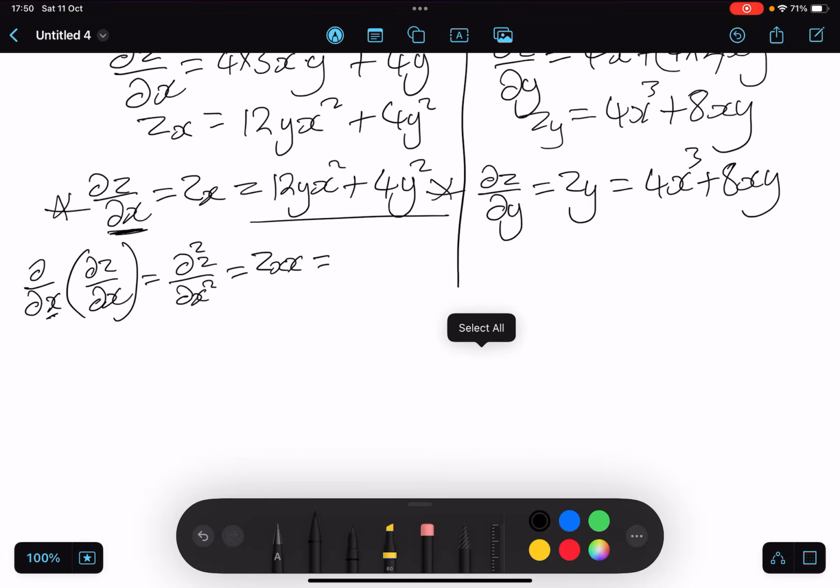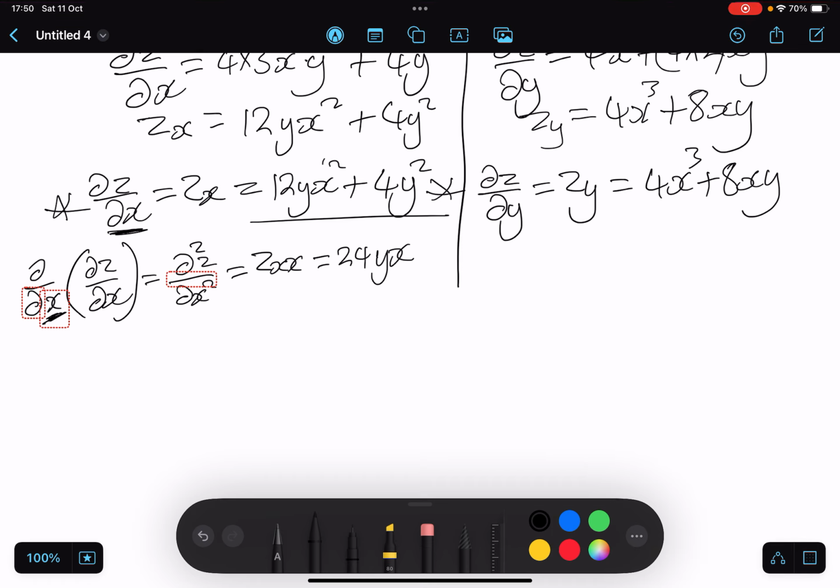From this, I'm going to have 2 times 12, which is 24, 24yx, because then the power of x is going to reduce by 1, right? So I have 24xy. And then 4y squared, since we're differentiating with respect to x, is all a constant, right? Which means it's going to be 0. When I differentiate this with respect to x, it's going to be 0.